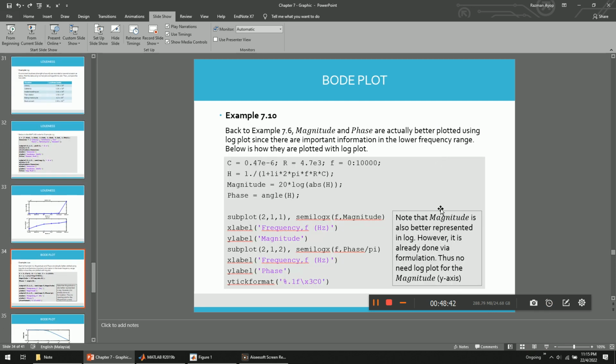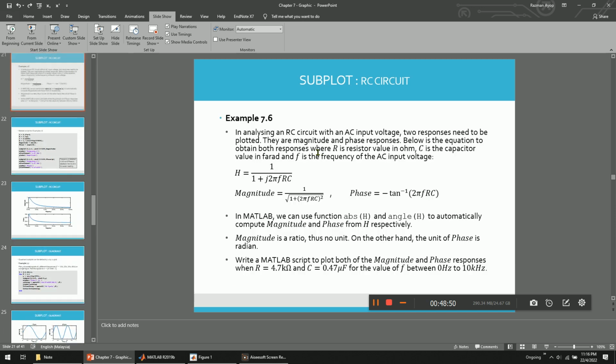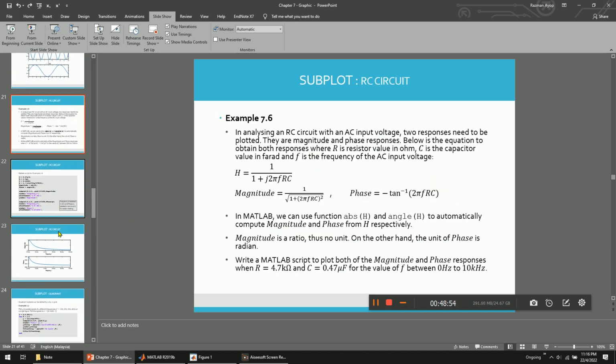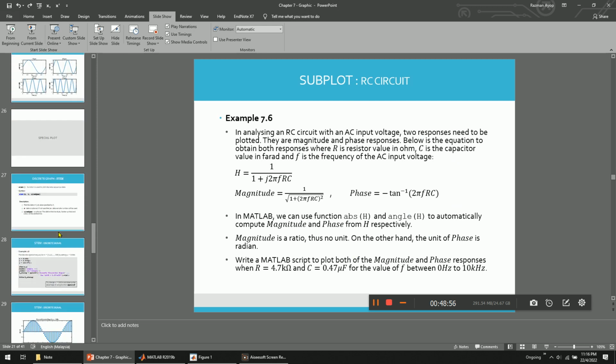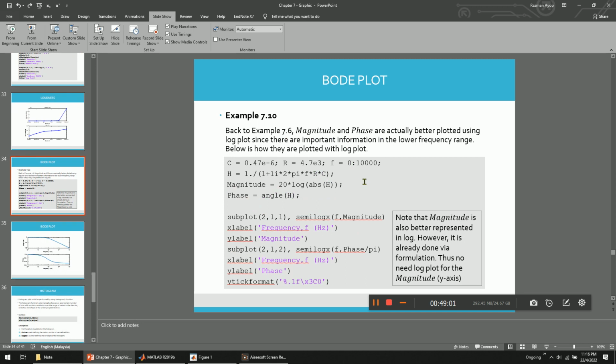How about Bode plot? This one is quite popular, Bode plot. Of course, example 7.6, the same example here. And then if you want to plot it in the semilog, of course C is equal to 0.47 microfarad, and then this one 4.7 kilo ohm.